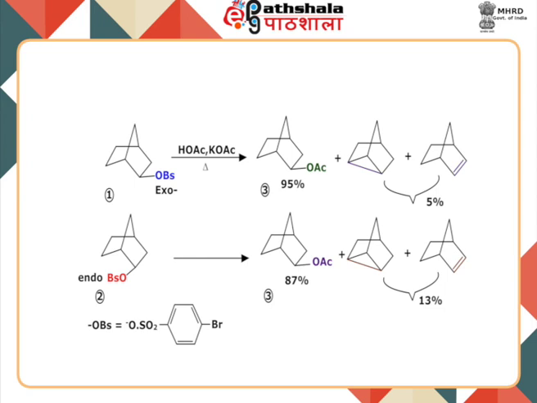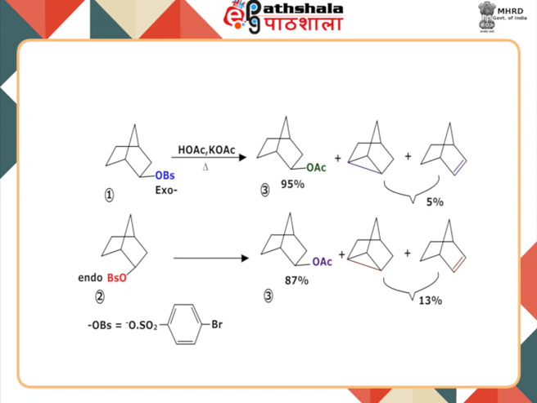Optically active exo-brosylate, which is 1, gives a third which is a racemic mixture. The recovered brosylate 1 is also racemic, although we had started with only one enantiomerically pure form.